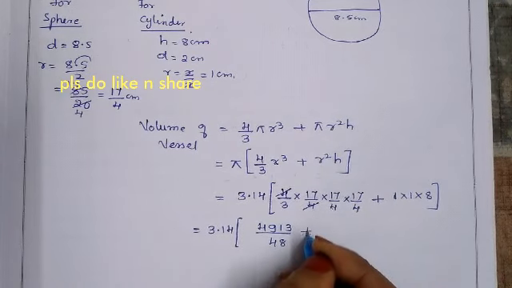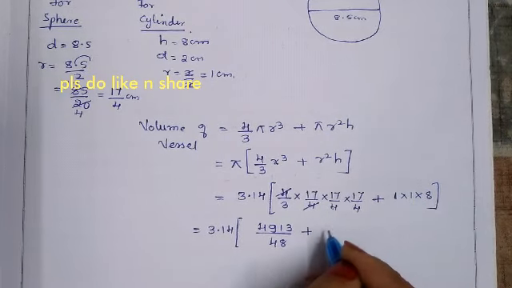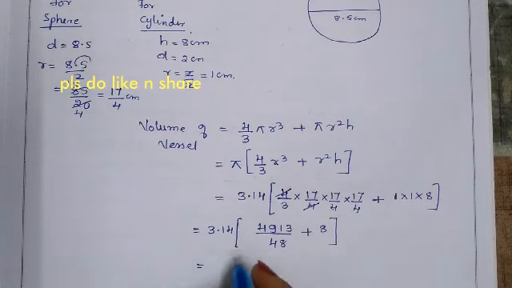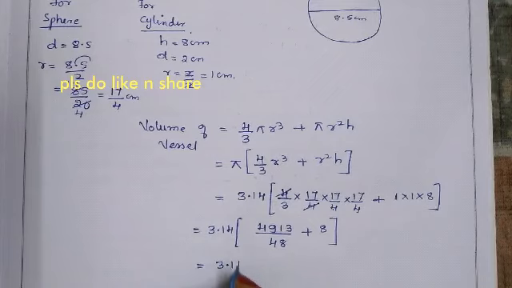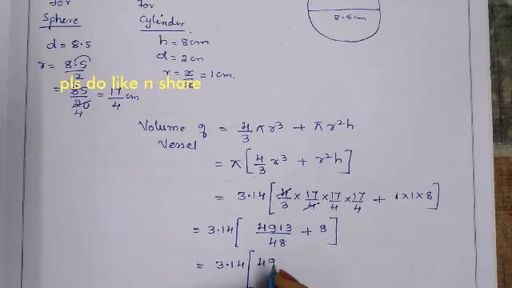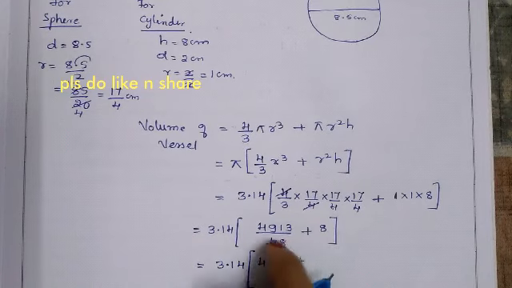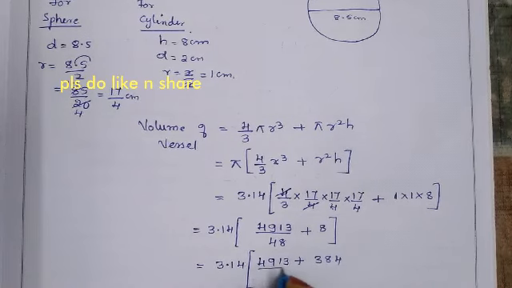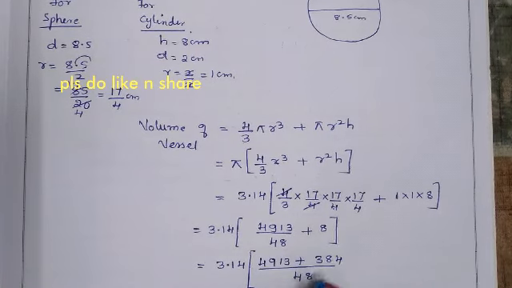Plus sign as it is. 8 1s are 8. So 3.14 as it is, I'll keep upon 48, 4913 as it is, plus 48 into 8. 48 8s are 384.